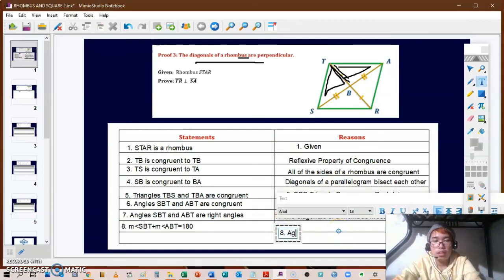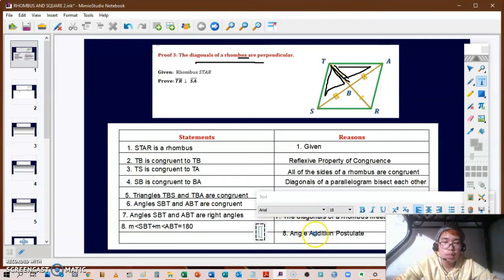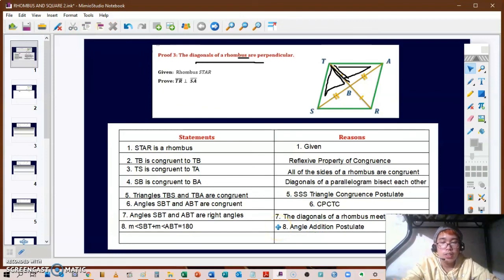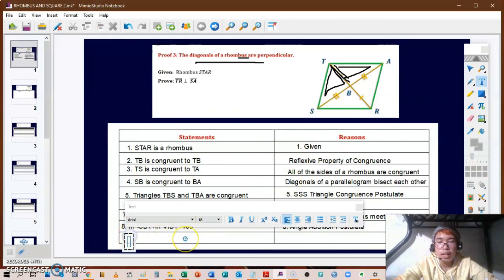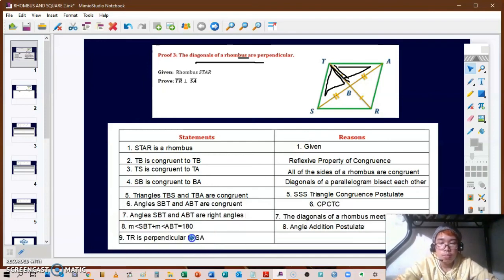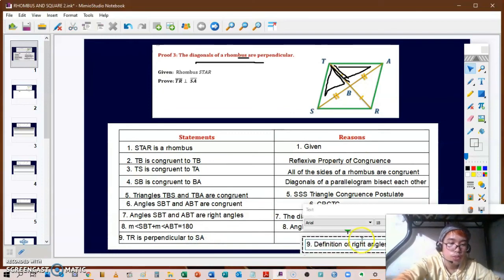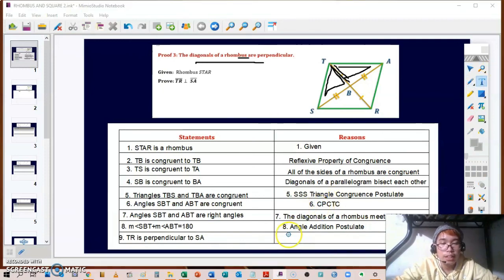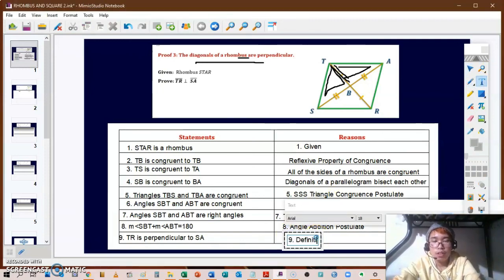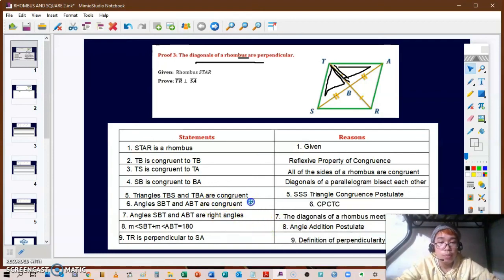Since we've established that SBT and ABT are right angles and the sum of their angles is equal to 180 degrees, we can conclude at number 9 that line segment TR is perpendicular to SA. The reason for that is the definition of perpendicularity, because we've seen now that they are perpendicular lines.